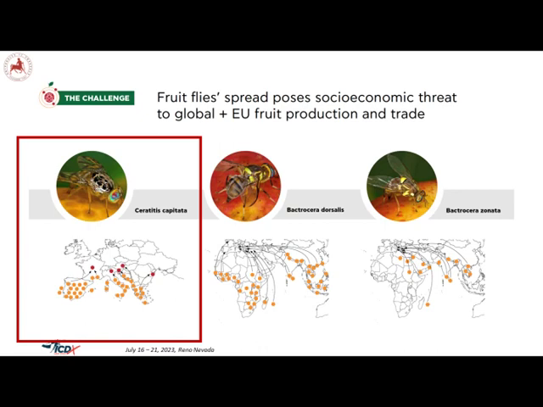Last year there was a major outbreak of Bactrocera dorsalis in Italy, in the area of Napoli, which seems to be quite serious. But my talk focuses on medfly and its dispersion from the Mediterranean coasts to the central European countries.